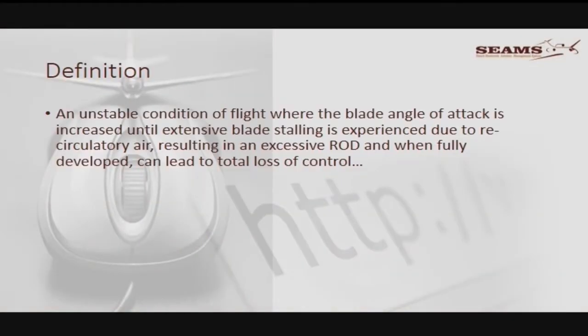The first thing obviously is to make sure of the definition: an unstable condition of flight where the blade angle of attack is increased until extensive blade stalling is experienced due to recirculating air, and that's the important one, resulting in excessive rate of descent, and when fully developed can lead to total loss of control.